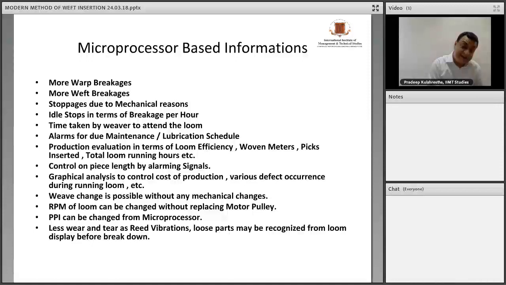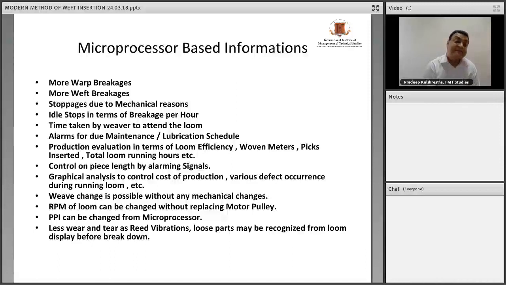Even the speed of the machine, meaning revolutions per minute (RPM), can be changed the same way. There is no need for mechanically changing the pulley, no time delay, and no stoppage of the loom. Just stop the loom, change the frequency of the electric supply by some touch, and the RPM will change. Decrease or increase what you want.